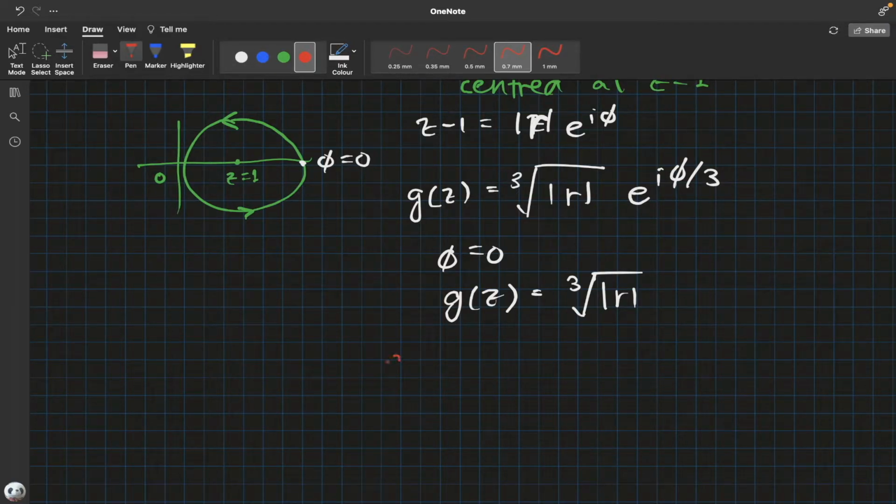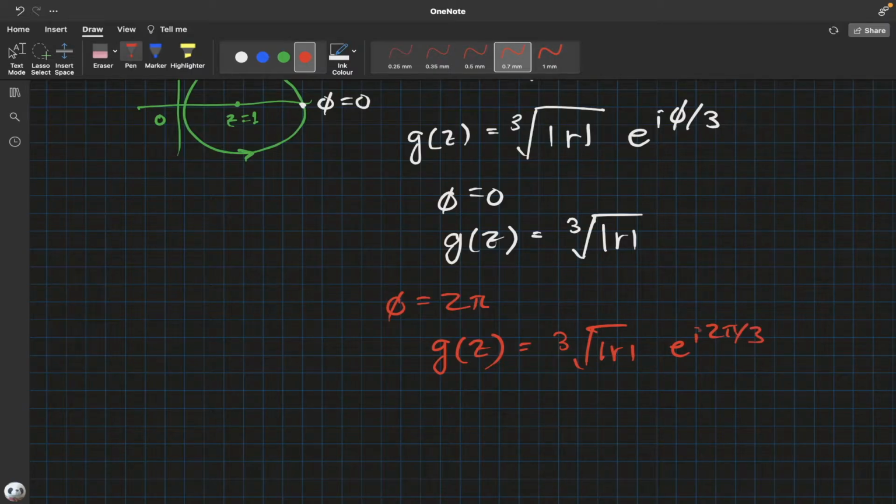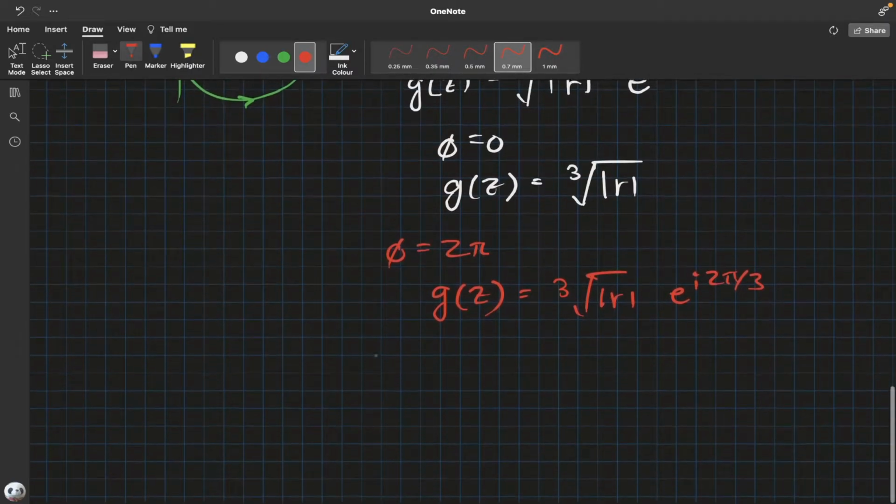Now when phi is 2 pi, you have this, but then e to the I 2 pi over 3, which is not really 1.